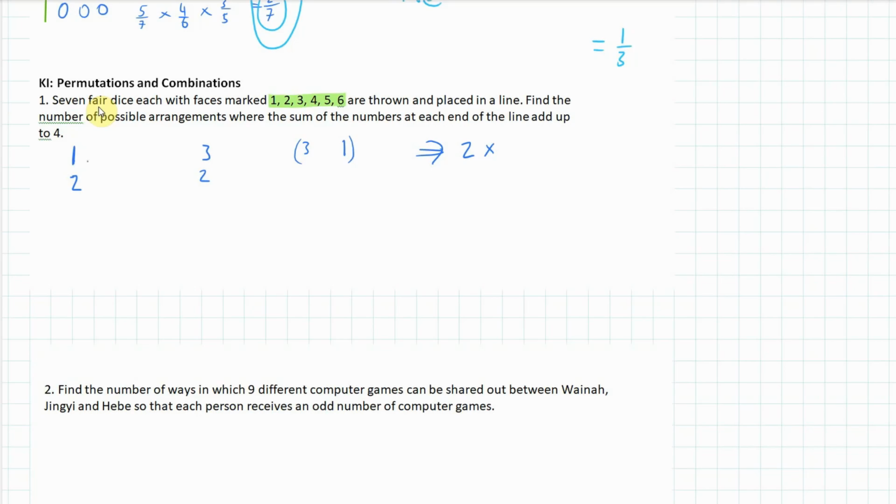So in between, I've got 7 fair dice. So in the middle here, 1, 2, 3, 4, 5, in the middle there, each of those dice is going to have 6 different options, isn't it?